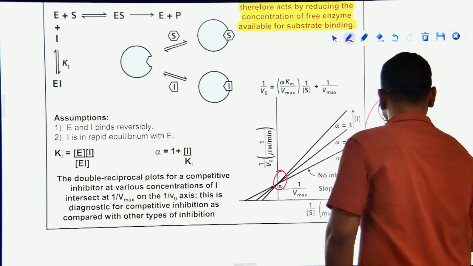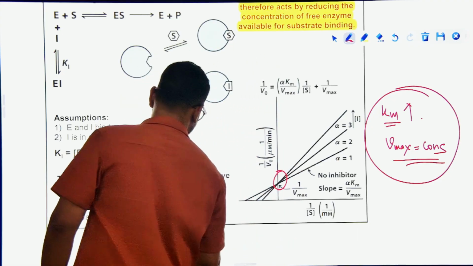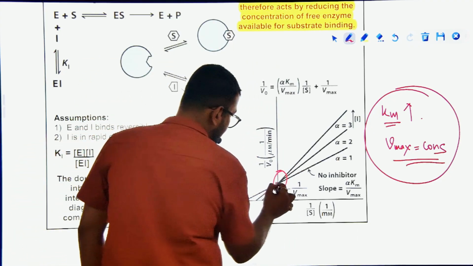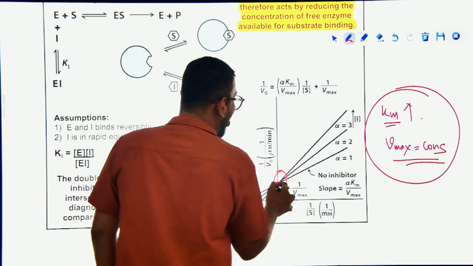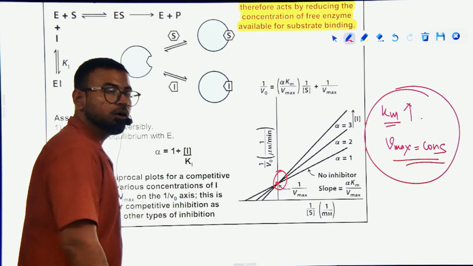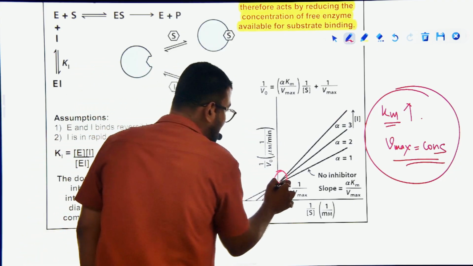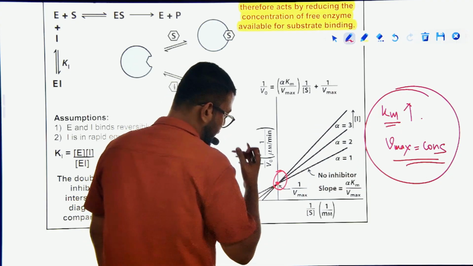So this is the condition. Km is increasing and Vmax is constant. How can you understand Vmax is constant? Let's see this point. All the y-axis intercepts are originating from a common point. That's why Vmax is constant over here.